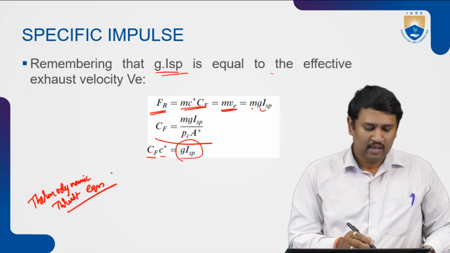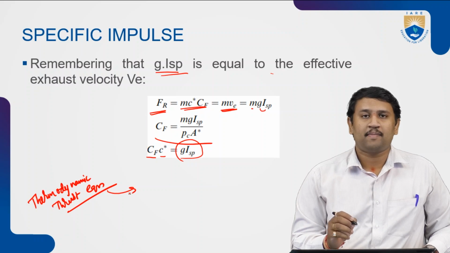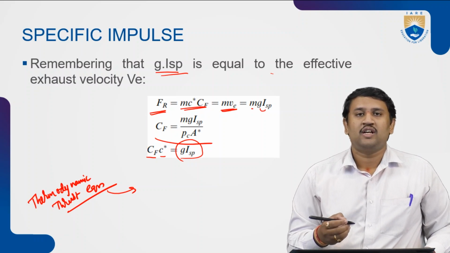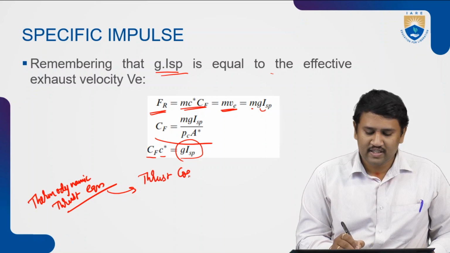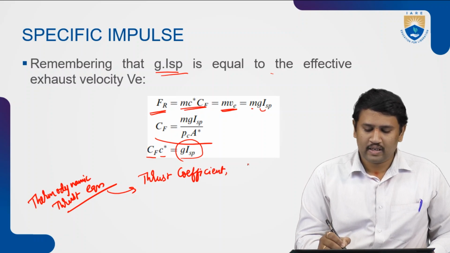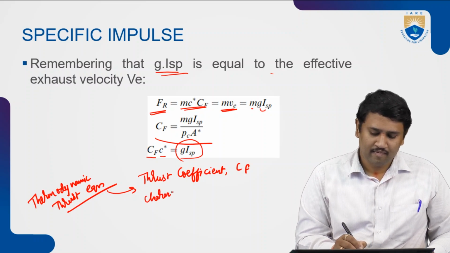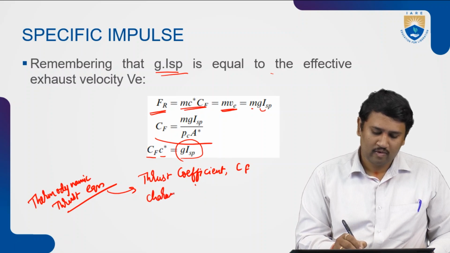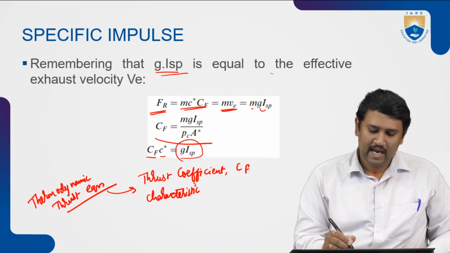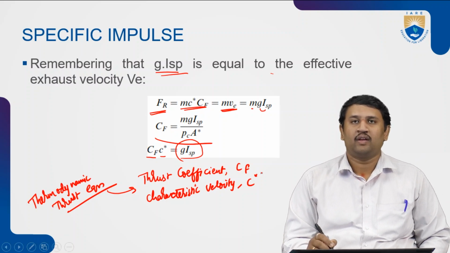right? Now, after the thermodynamic thrust equation, we have derived two particular parameters which can be used to determine the rocket motor design, particularly thrust coefficient, denoted by CF, whereas characteristic velocity, denoted by c star, right?